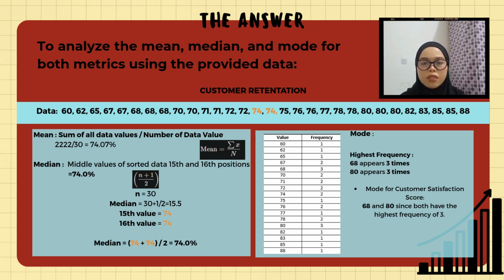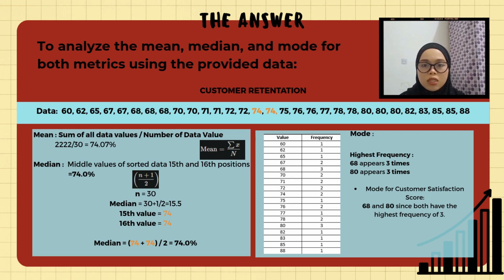Next is to find the median. First, you have to find the middle value, where the formula is n plus 1 divided by 2. Here n is 30, so 30 plus 1 divided by 2 gives 15.5. We look at the closest values: at the 15th value we get 74, and at the 16th value we get 74 too.